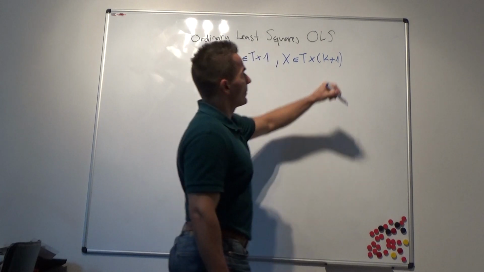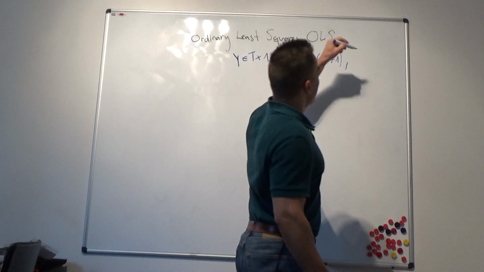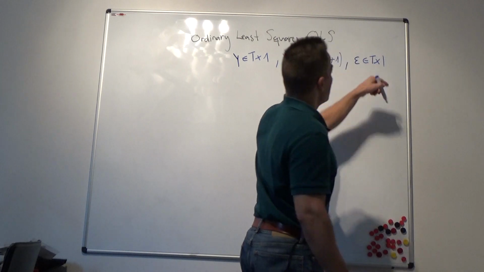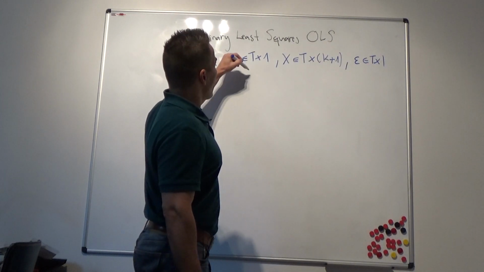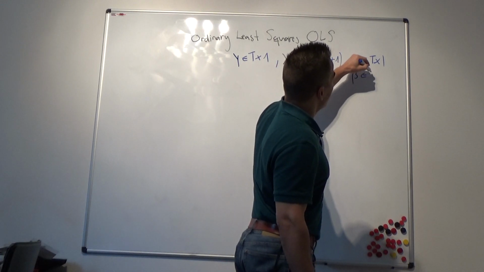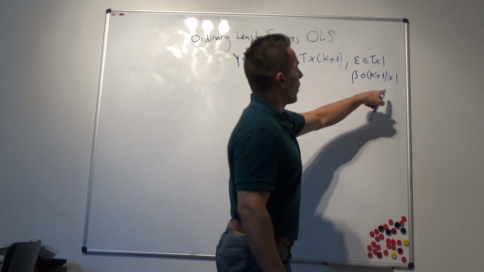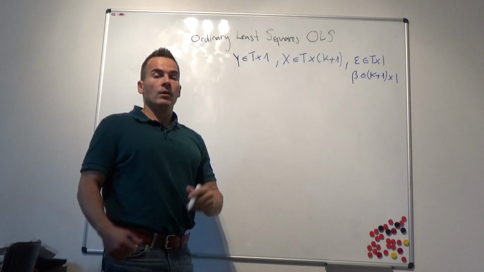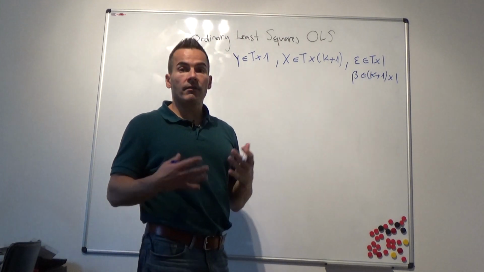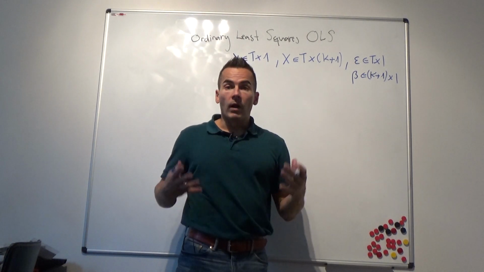We have our disturbance vector, our epsilon vector, which is a T by 1 vector. And we have our beta, our parameter vector, which is a K plus 1 by 1 vector.